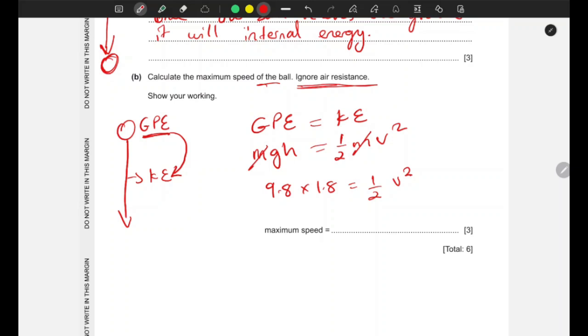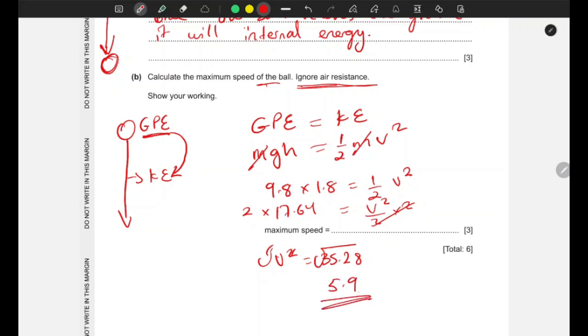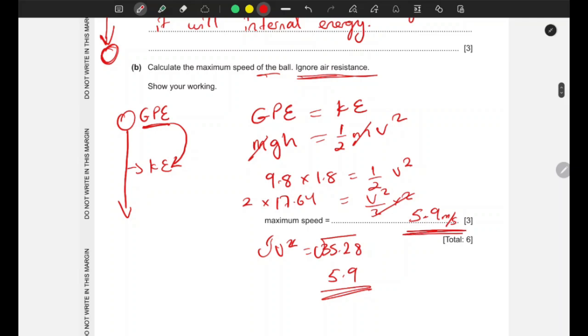So 9.8 times 1.8, that would give 17.64 equals v squared over 2. So we can multiply both sides by 2. That would give us v squared equals 35.28. We just have to root 35.28. Finally, we get 5.9. That's our maximum speed. So we can write 5.9 meters per second. That is our final answer.